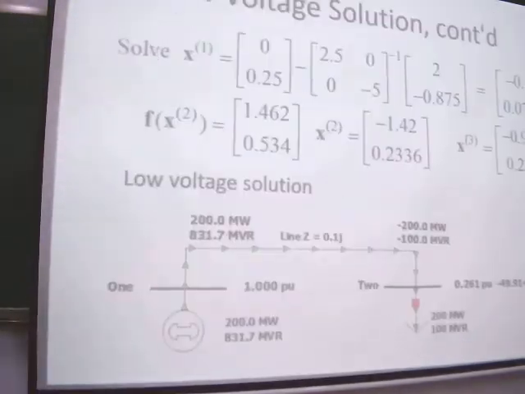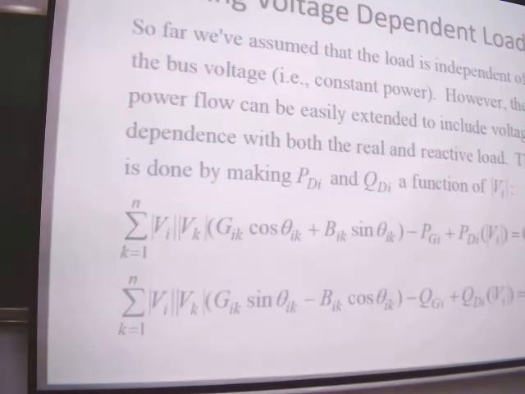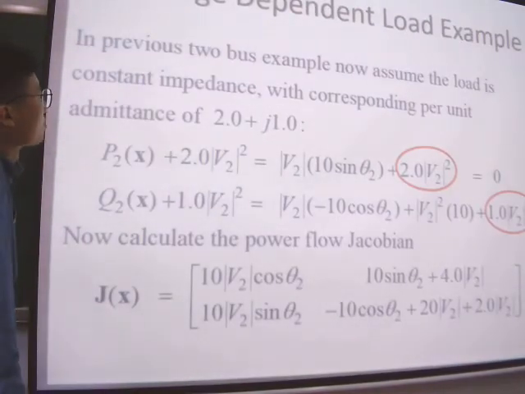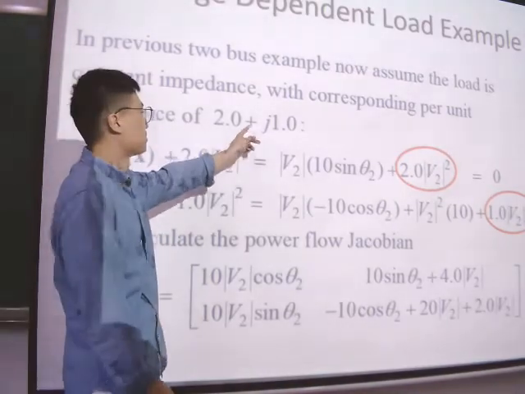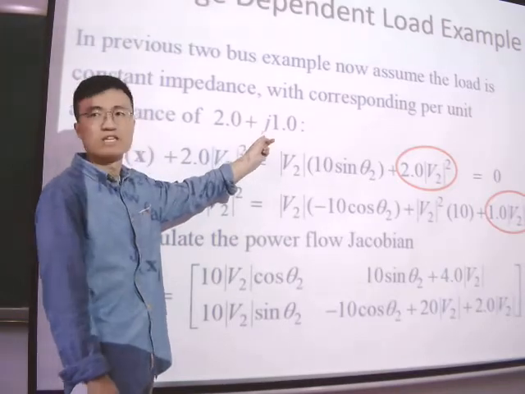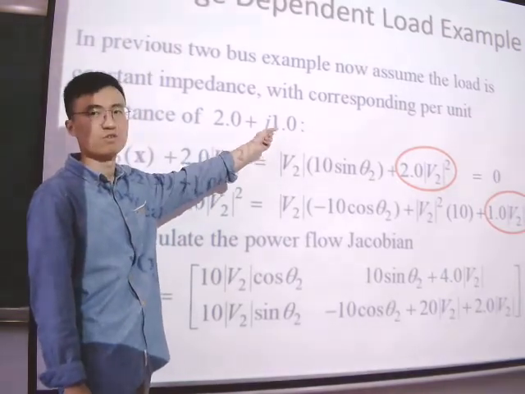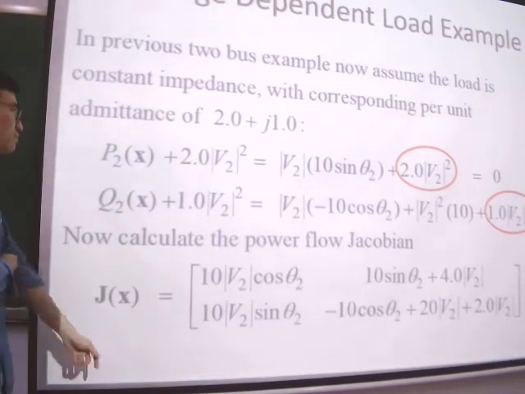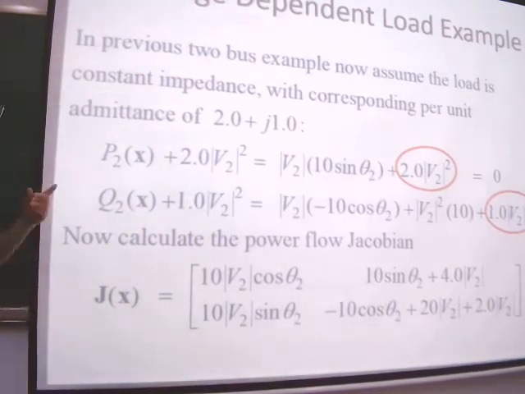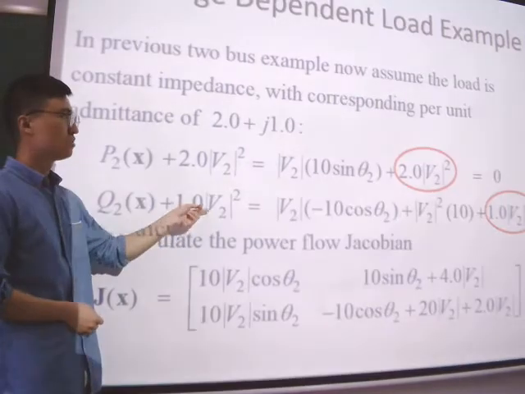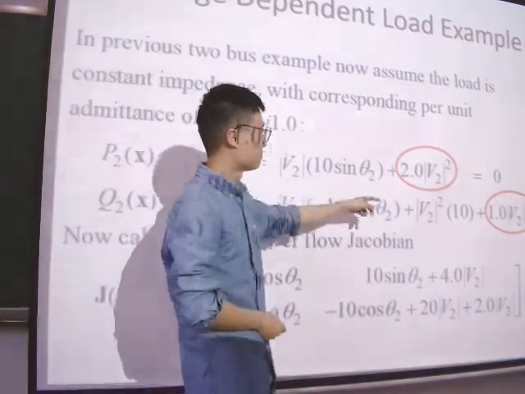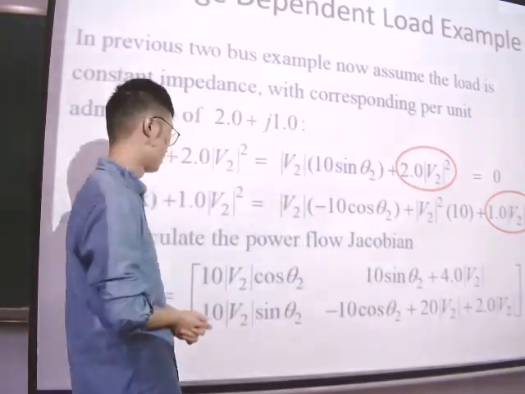But here, with the corresponding per unit of 2 and 2 plus 1j, right? 1 for reactive, 2 for real power. So the equation here is turned to this, because here V2 squared appears.